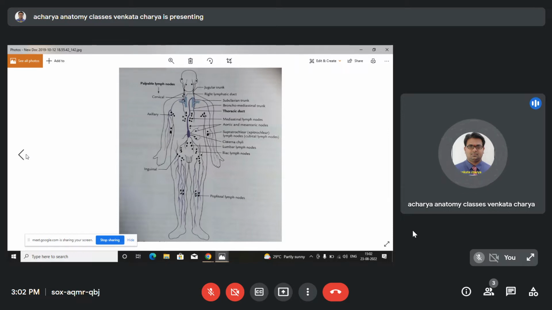This chyle fluid is milky white in color. Outside, it is like plasma color, light yellow extracellular fluid, but in the GIT it is pinkish white in color. That fluid is called chyle fluid.